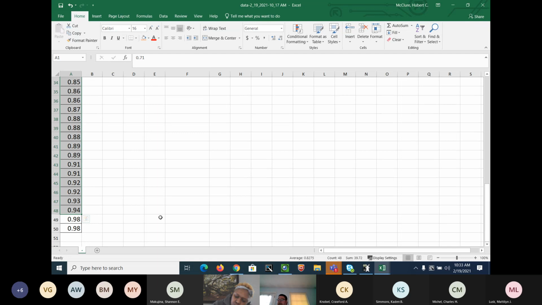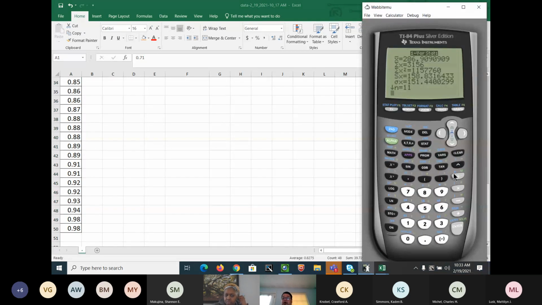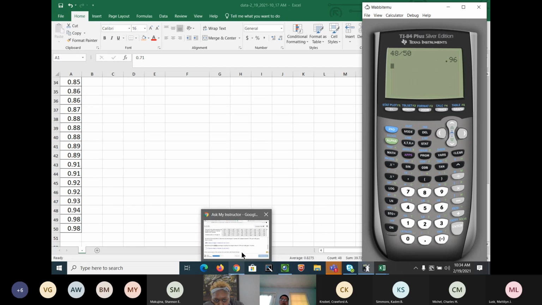How many is that out of 50? It's on the 48 left right there. 48. So somebody on your calculator, I'll do it. I better do it. No offense, but y'all give me the wrong number. 48 divided by 50. 96%. So I go back to the homework and I type in 96%.